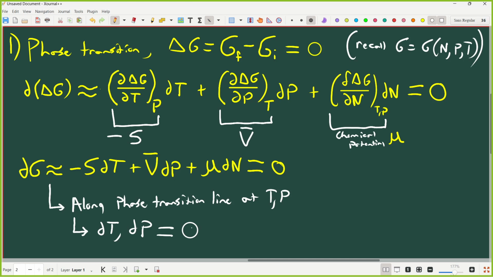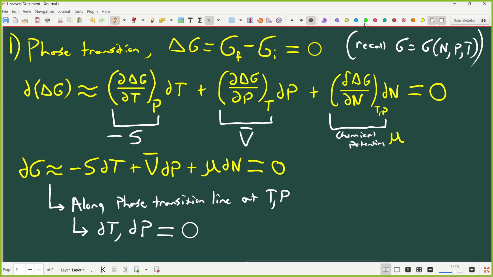Right? So the only thing that's really changing when we sit on that equilibrium point when we want to jiggle G is the number of moles of our two phases. So now we actually can use this chemical potential. So the only term that's remaining is that mu dN is equal to 0.